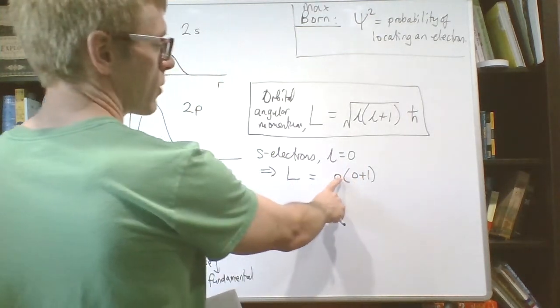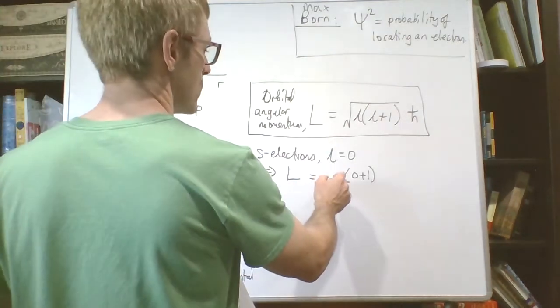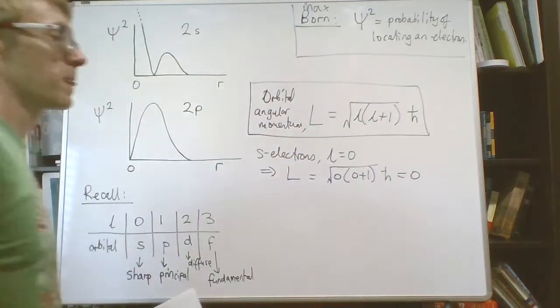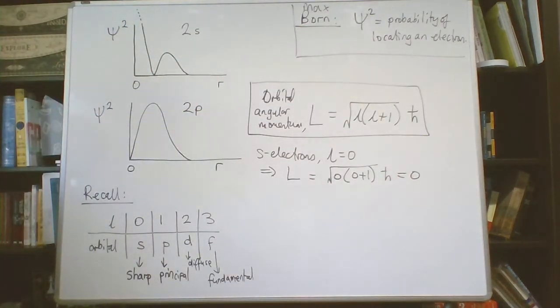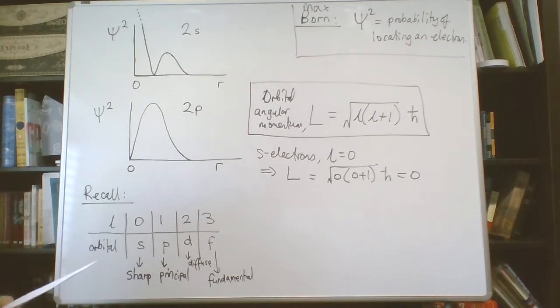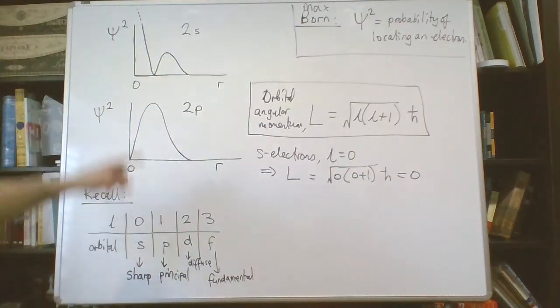Now we have a product here that has a 0 in it, so it's going to kill the whole term. So there's absolutely no orbital angular momentum because l equals 0. So it's blind to the nucleus, and the nucleus is blind to it in terms of any momentum signature. So because this value is 0, the s electron can penetrate the nucleus.